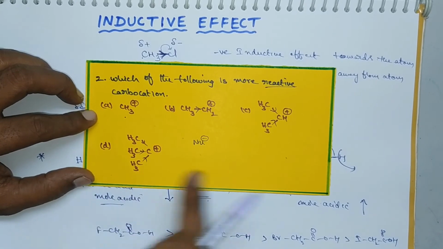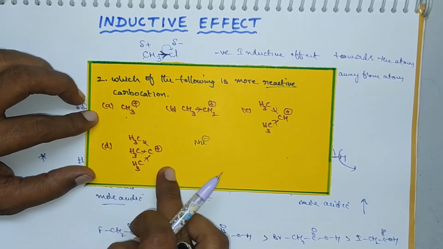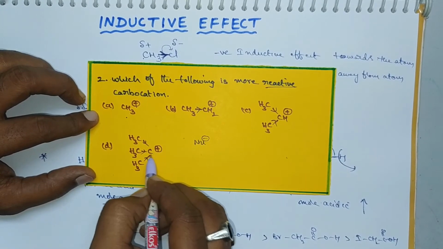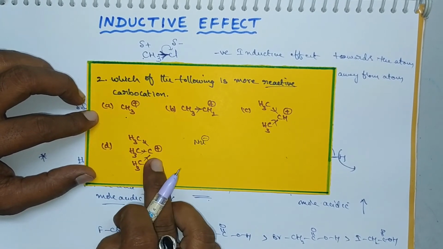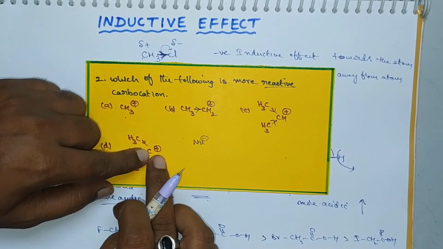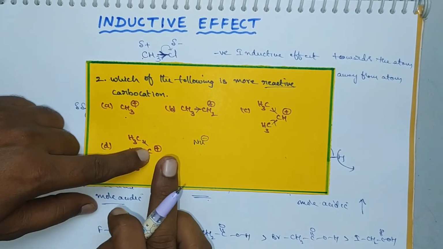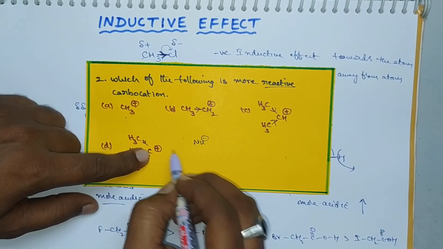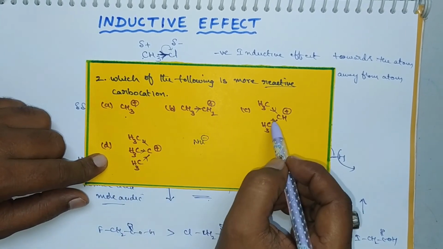So plus effect means electron releasing effect. If the electrons are releasing towards this carbocation, some negative charge increases here. That means there is a decrease in positive charge. The electron density on this carbon increases, which means the positive charge will be reduced. If the positive charge is less, the nucleophile cannot attack easily. So here this plus effect is less in this one.